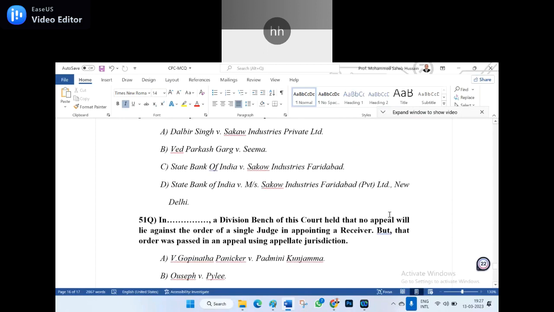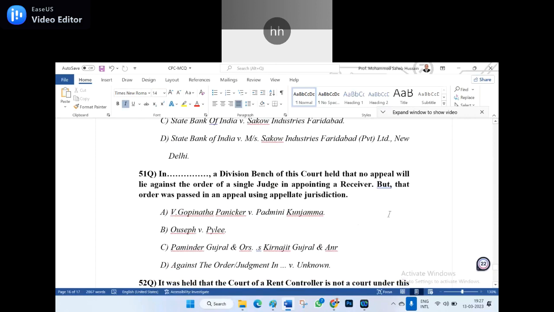Now 51st question. In dash, a division bench of the court held that no appeal will lie against the order of the single judge in appointing a receiver, but that order was passed in an appeal using the appellate jurisdiction. Here are the options. A. V. Gopinath Panikar versus Padmini Kunjamma.